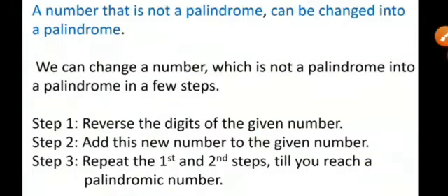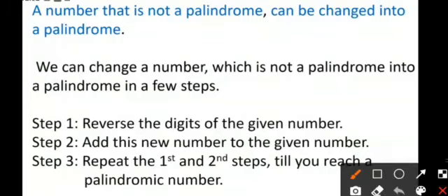A number that is not a palindrome can be changed into a palindrome. Means a number that is not a special one can be changed into a special one. We can change a number which is not special into a special one in a few steps.